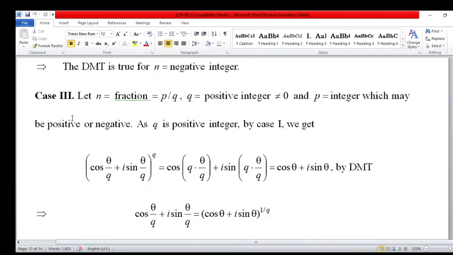Now the third case. In the third case, n is a fraction or rational number, p upon q, where q is positive and q does not equal 0.